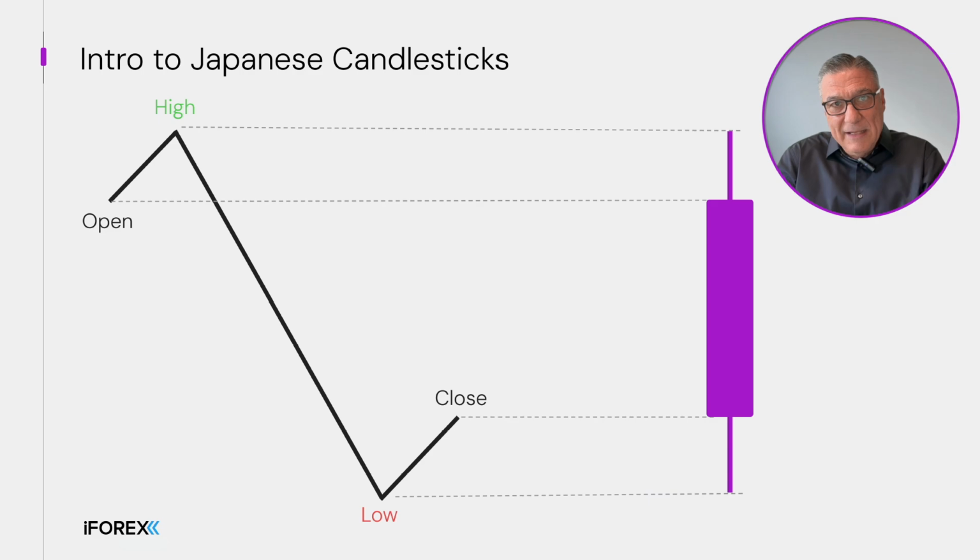As you can see, the Japanese candlesticks signal different information. For example, as we will find out in a while, the size of this body will give us some information about the strength of the signal, right? The shadows, long or short, again, will give us some additional information.